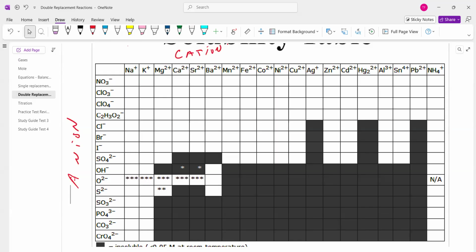So if we have two ions, an anion and a cation, what we're going to do is cross them, and where they cross is either going to be black or white. If it's black, that means a solid forms. If it's white, that means nothing happens. If it's white, that means the solvating force is strong. If it's black, that means the crystal lattice force is strong.